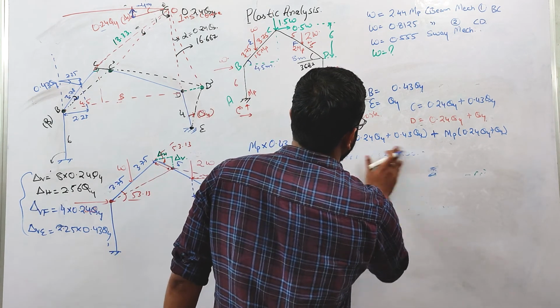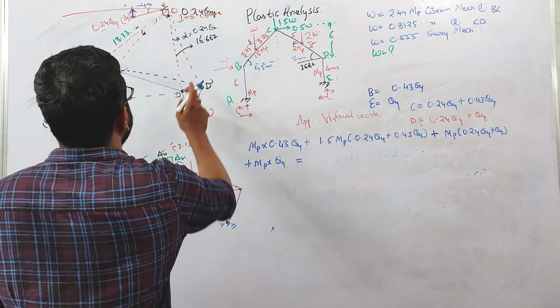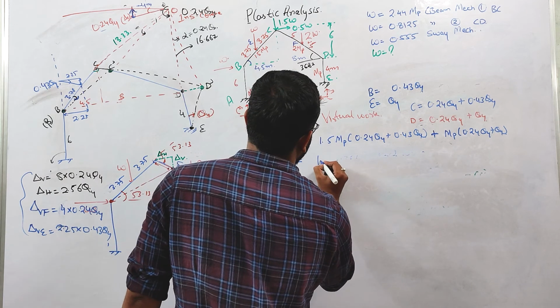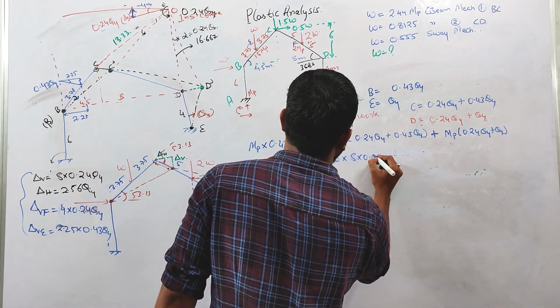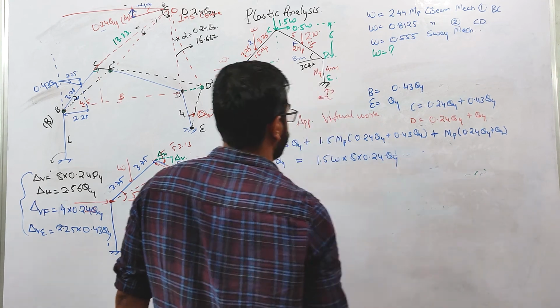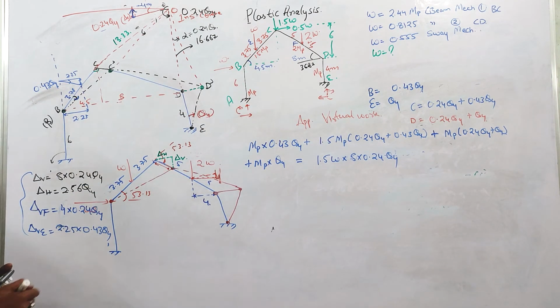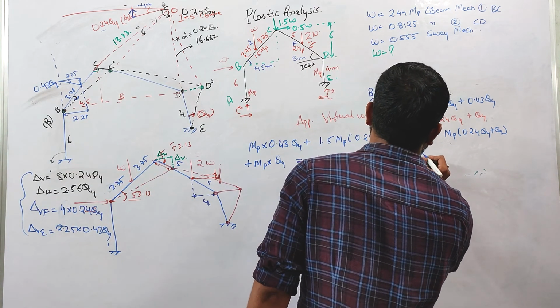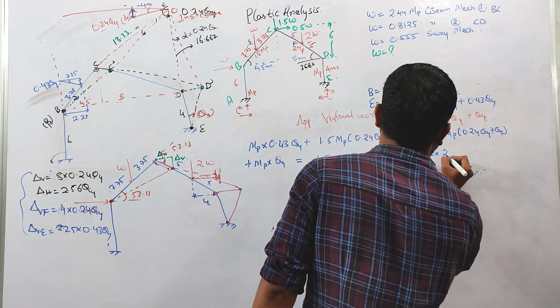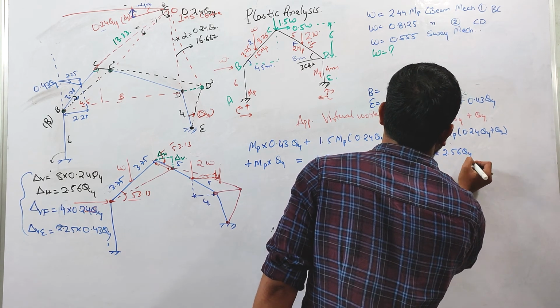So external work will be equal to, at this point, 1.5 W into 8 into 0.24 theta 4. Due to the 0.5 W load, 0.5 W into 2.56 theta 4.